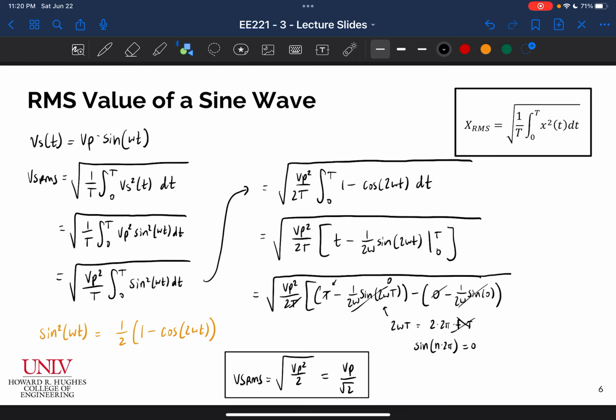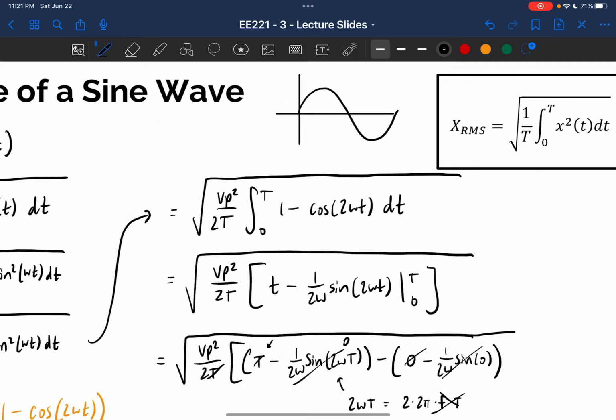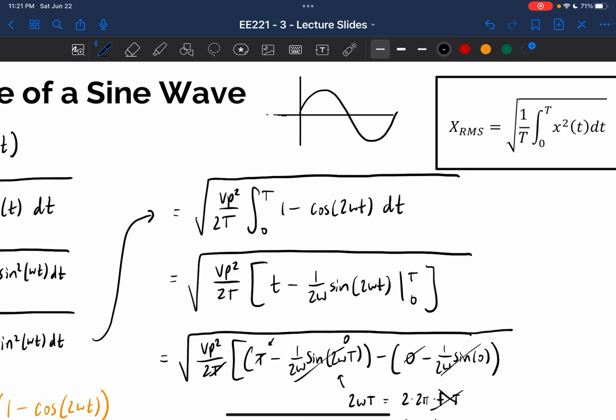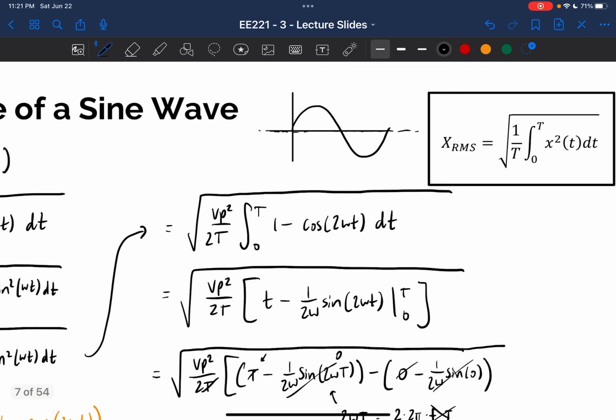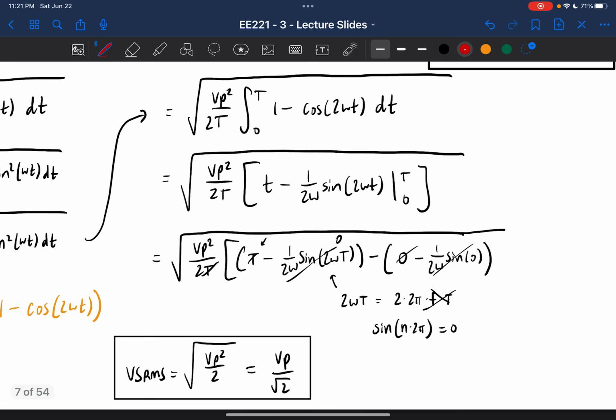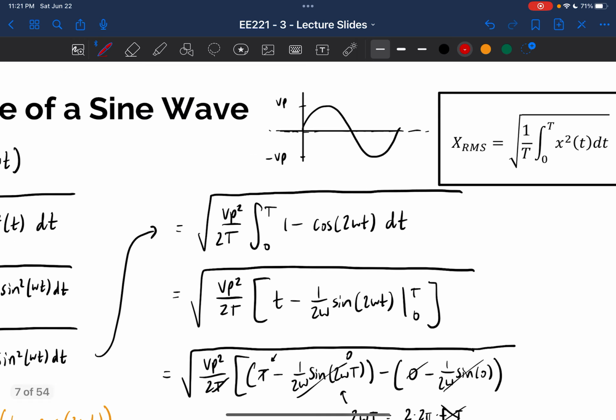So if I have my sine wave here, of course we know our average value would be 0, but the RMS value: Vp is my peak value, this is my negative peak value. My RMS value, which I will put a little red star next to, would be somewhere up here.